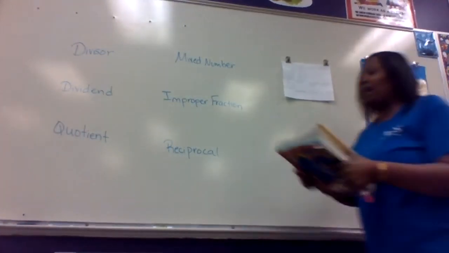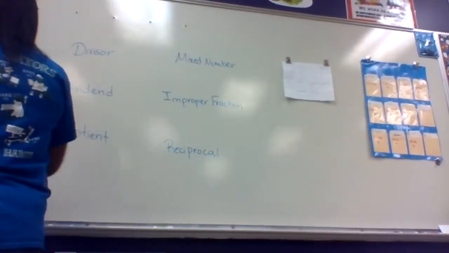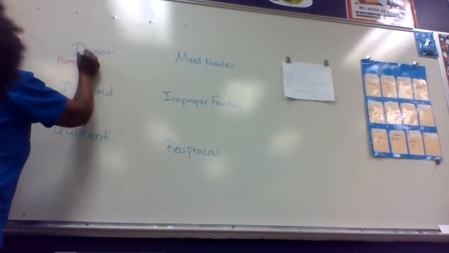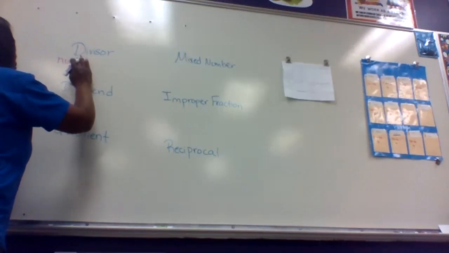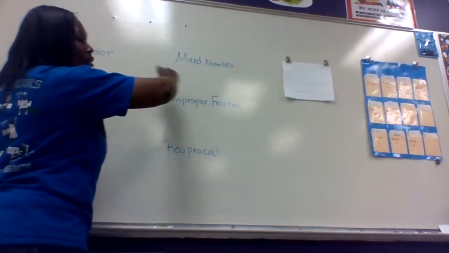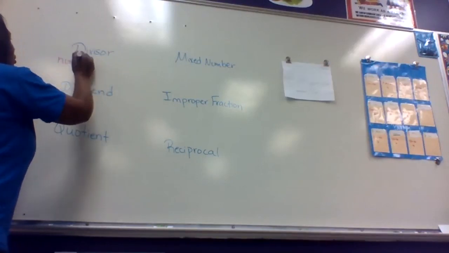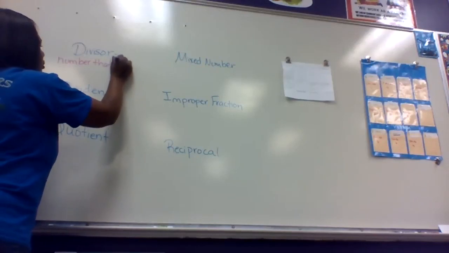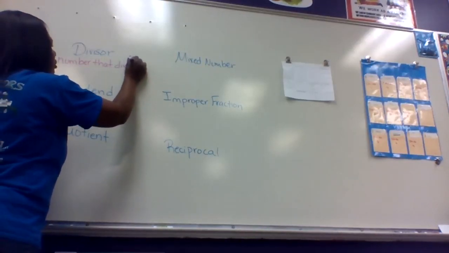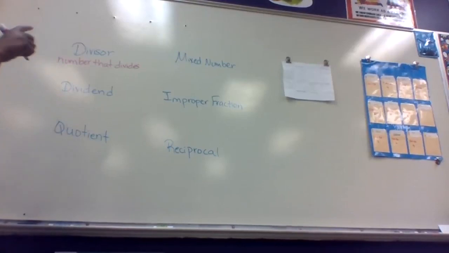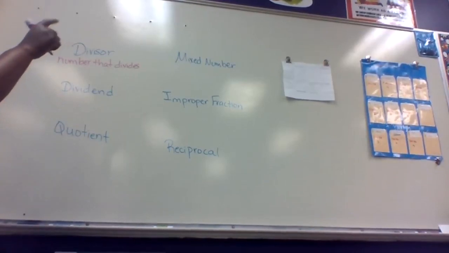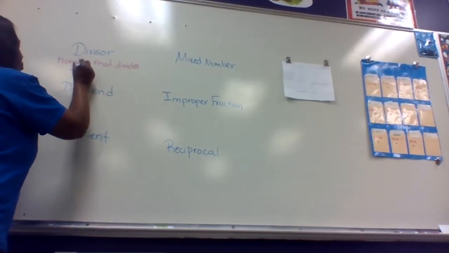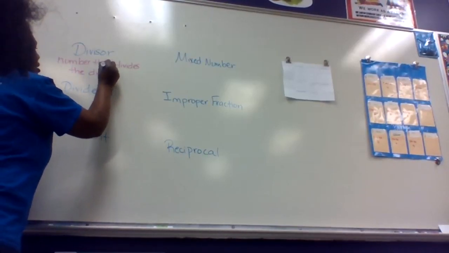All right, a divisor is a number that divides the dividend. We got to do an example. Just write the example where I tell you, and I'm gonna show you how to do the other part. Just write it in the block that it goes with.